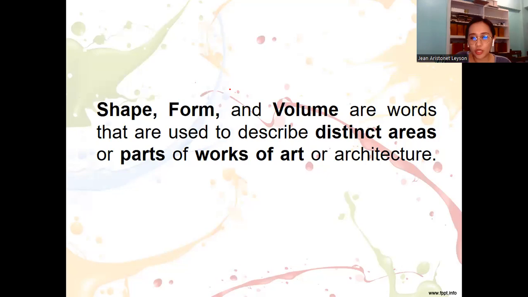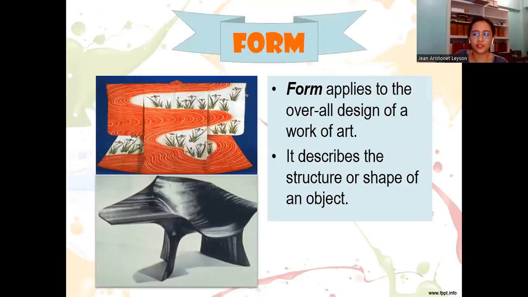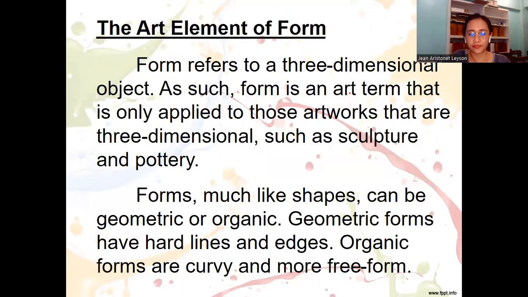Shape, form, and volume are words that are used to describe distinct areas or parts of works of art or architecture. Form applies to the overall design of the work of art. It describes the structure or shape of an object. Form refers to a three-dimensional object.